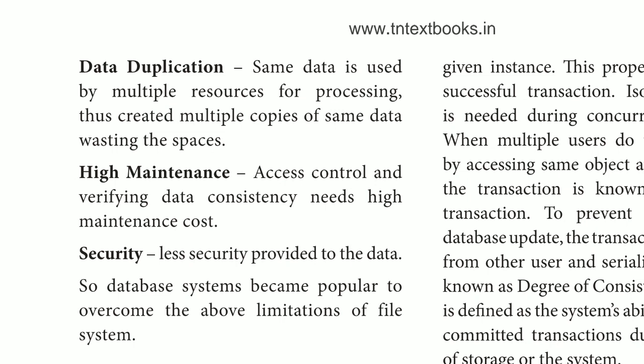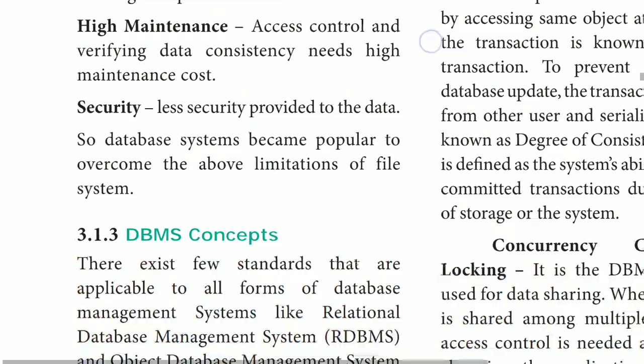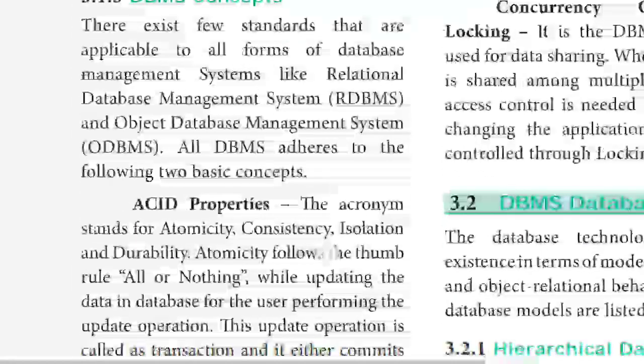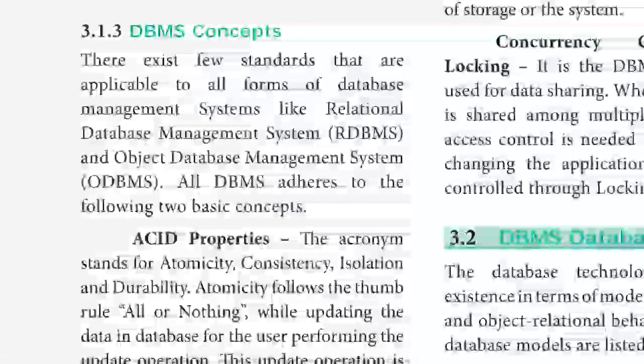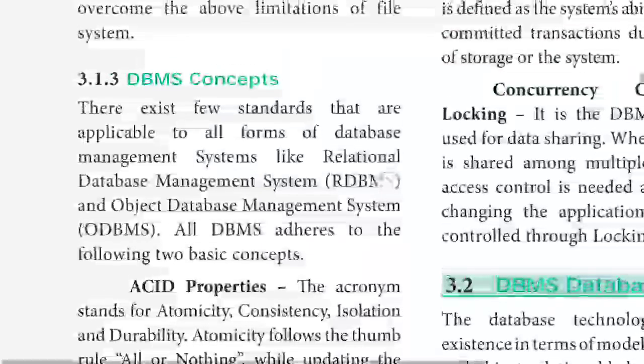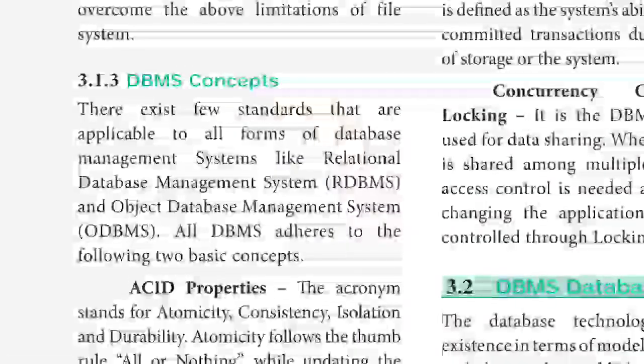So to avoid all these things, they created the database management system to store the information. First, there exist a few standards that apply to all forms of database management system, like RDBMS and Object Database Management System, ODBMS.